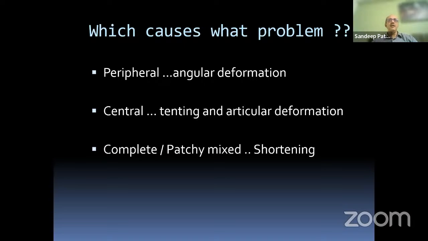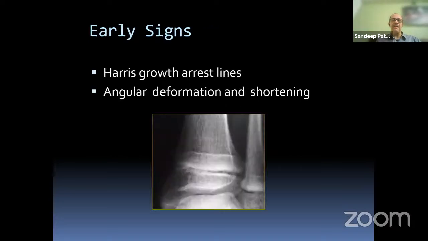If it is in the sagittal plane periphery, it will cause a sagittal plane deviation, and I'll show you examples of both. If you have a central bar, it will cause a change in the articular alignment because of tenting. And if you have a complete arrest or a patchy or mixed kind of arrest, then you will get a lot of shortening, and also you may get angular deformities depending on what is happening.